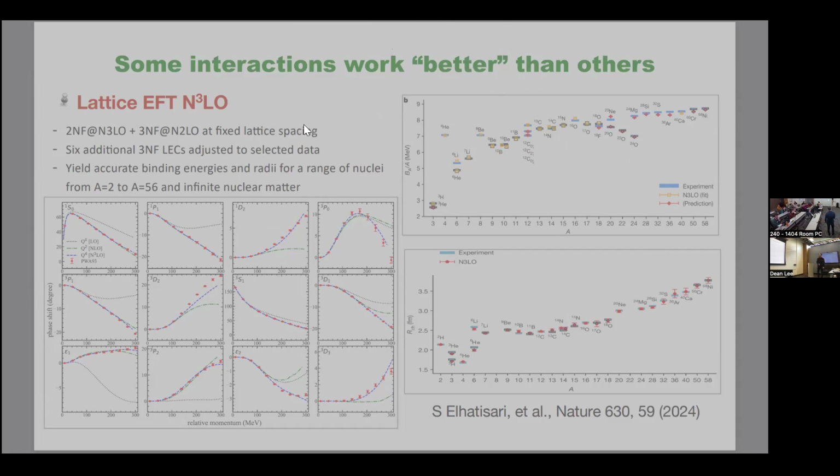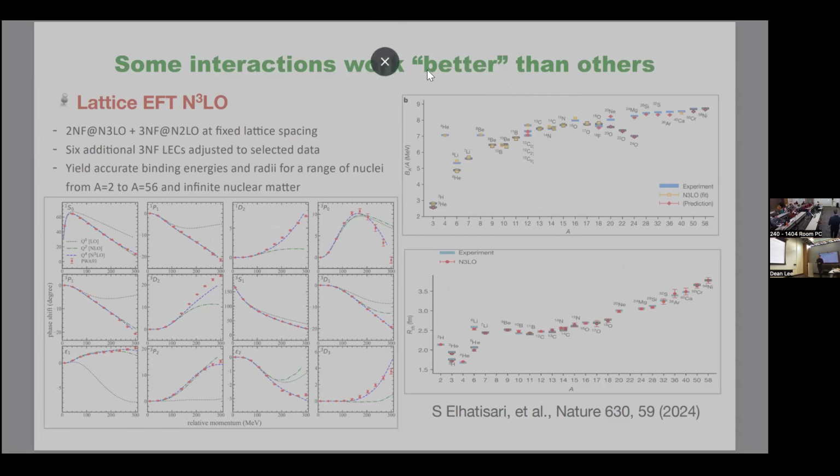They took the two-body force at N3LO and the three-body forces at next-to-leading order, with additional low-energy constants that enter in the three-nucleon force, and using sophisticated tools such as history matching and fitting to a certain set of nuclei, you can see they get quite a good description of light and medium-mass nuclei for the binding energy, and for the radii they make predictions. Those were not included in the fit, and there is quite remarkable agreement with data.